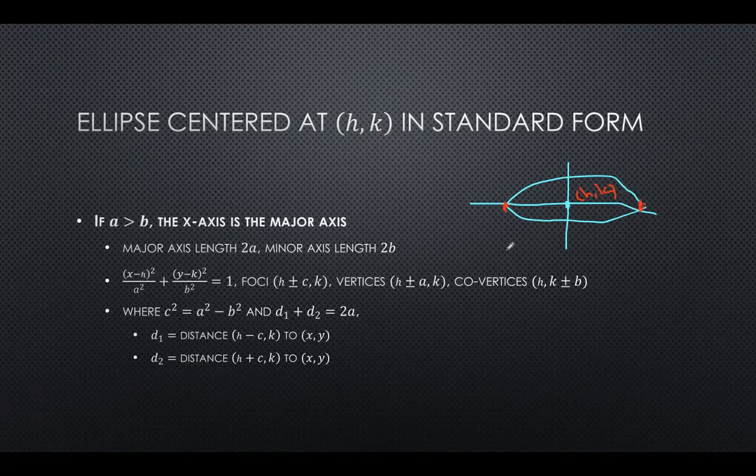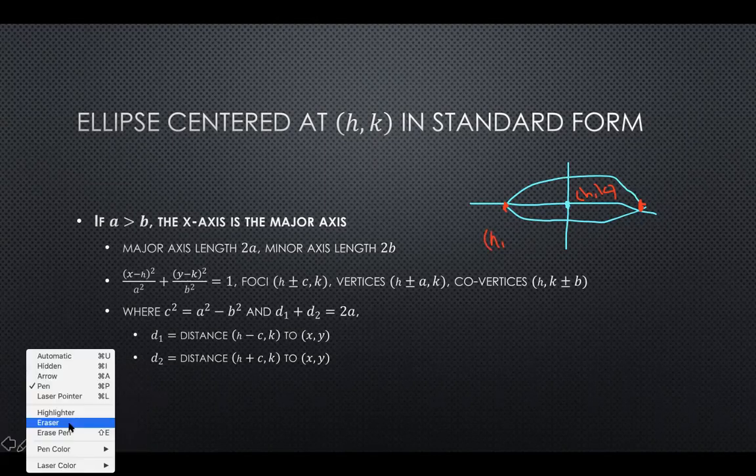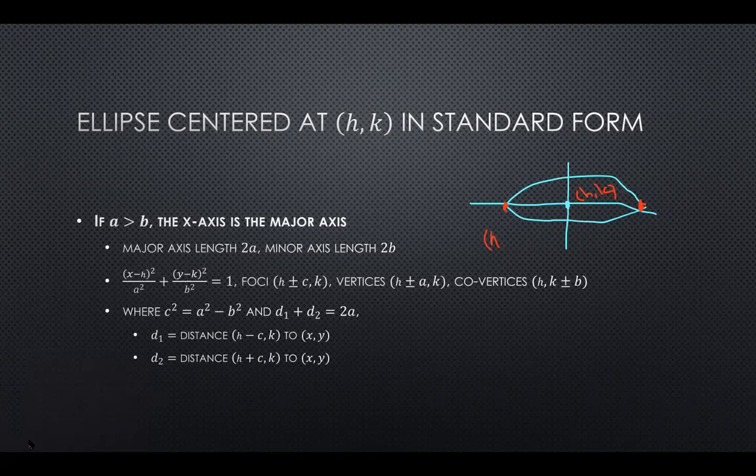So for the vertices, before you have (minus a, 0) and (a, 0) here, but because you translate it to (h, k), you just add h to the x coordinate and add k to the y coordinate.